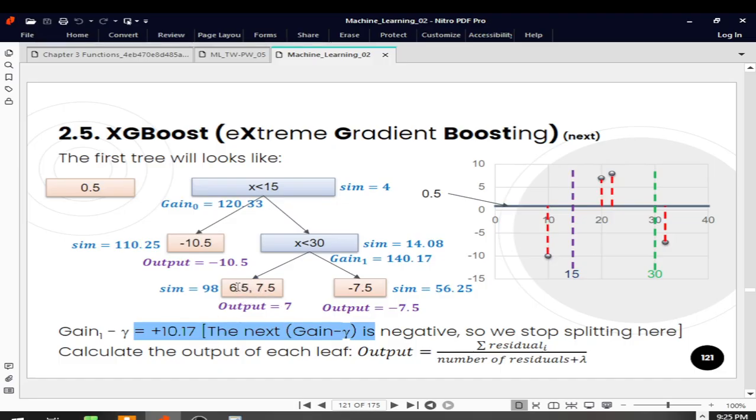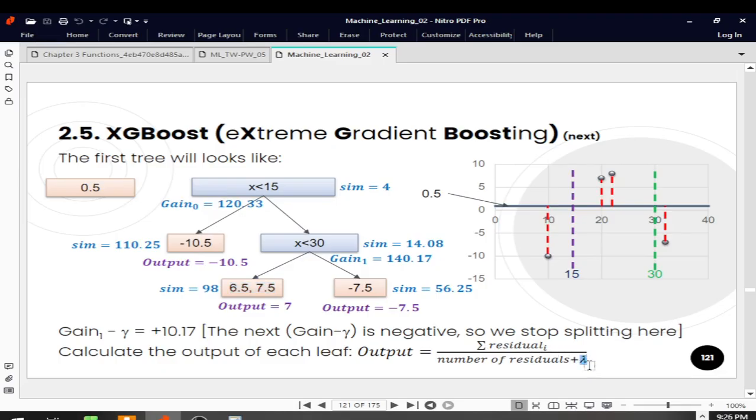Since we are not going to split, this should be the output. It's going to be considered as the final leaf. This is okay, it's one single element, it's a final leaf. We take its value, which is minus 10.5. It's the same for this, it's the output, but for here we are going to take the mean, the sum over the number, which equals 7.